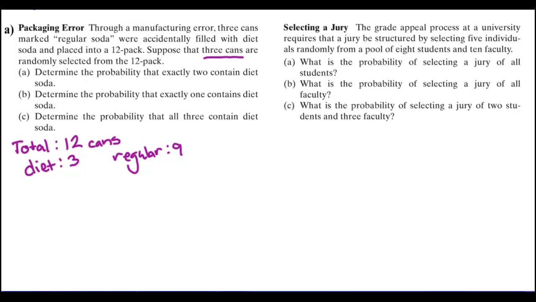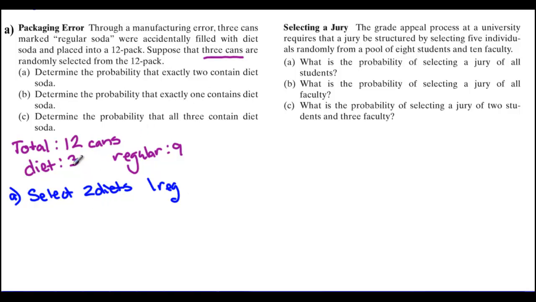So we're going to pick 3 cans, and we want 2 to be diet, so we're going to pick 2 diet and 1 regular, because we're choosing 3 in total.